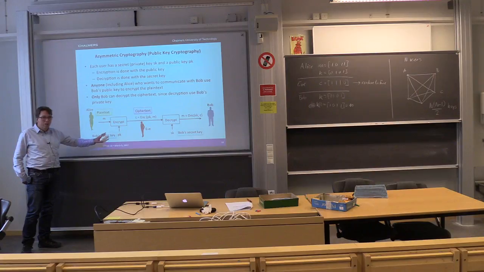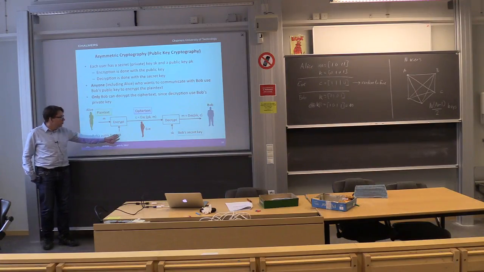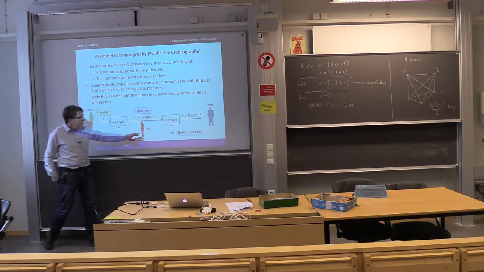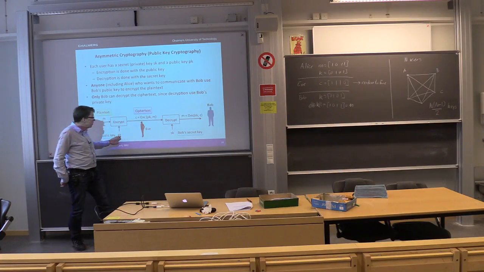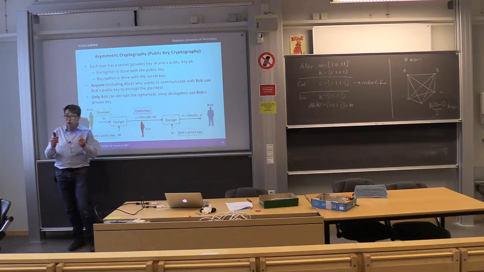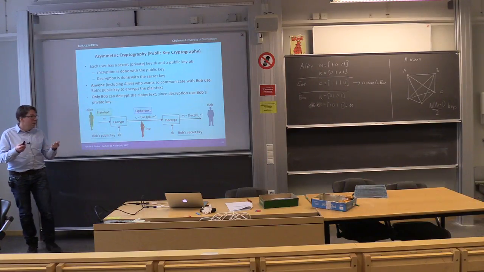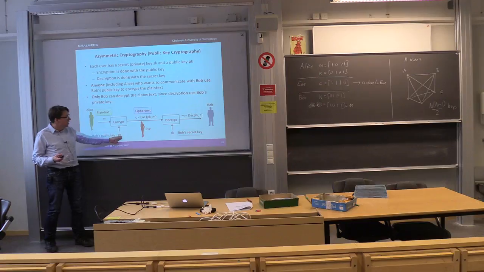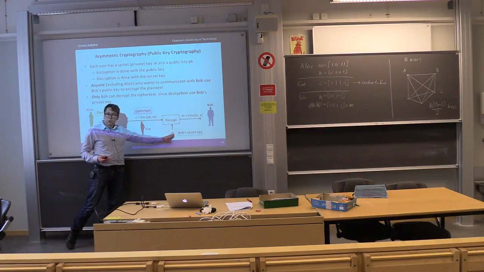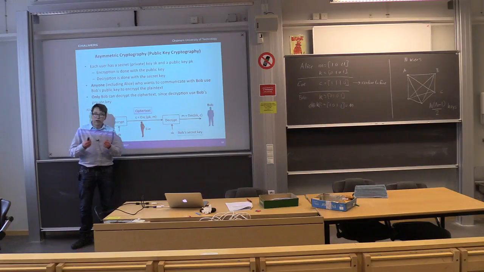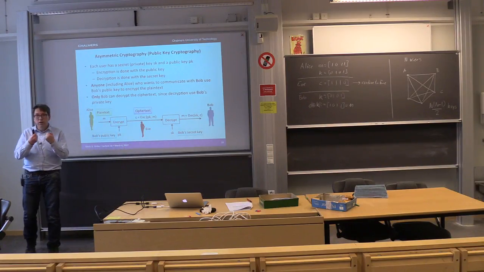Just believe me, it is possible to do encoding with one key and decoding with another key. These are tied to each other in a very special way, but given the public key, there is no way we can figure out the secret key.